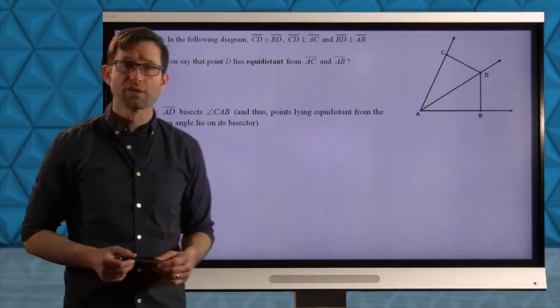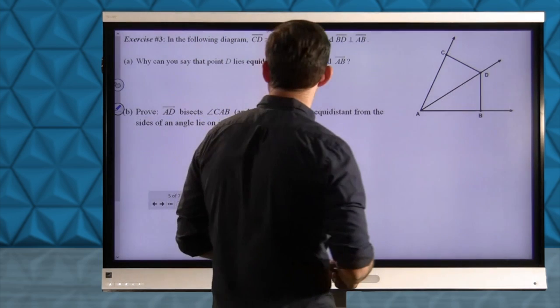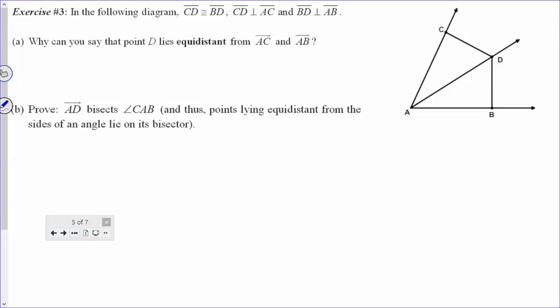Let's take a look at what exercise 3 asks us to do. In the following diagram, CD is congruent to BD. I'm going to mark that up right away. CD is congruent to BD. And CD is perpendicular to AC. And BD is perpendicular to AB.